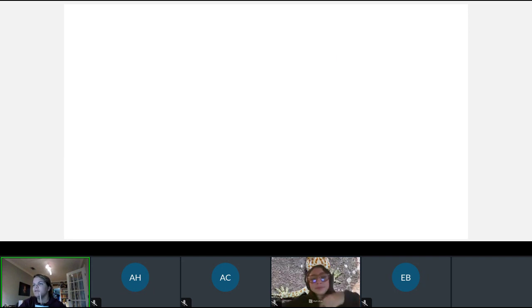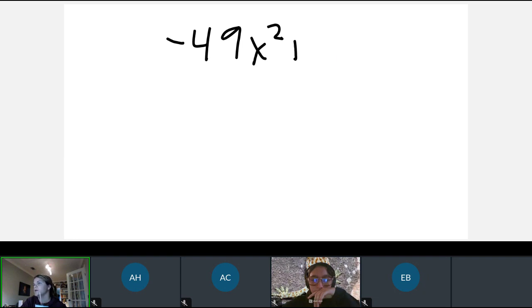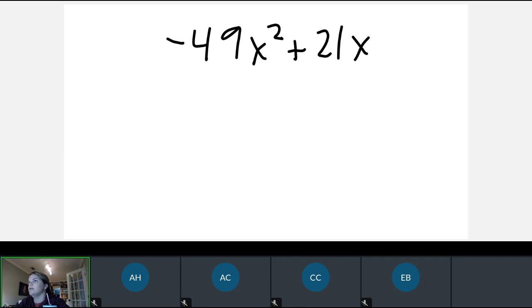One that is like number 5. Let's do negative 49x squared plus 21x. All right, so take a look here at your numbers, 49 and 21. What would be our GCF for the numbers? You can start with your factors of 21.